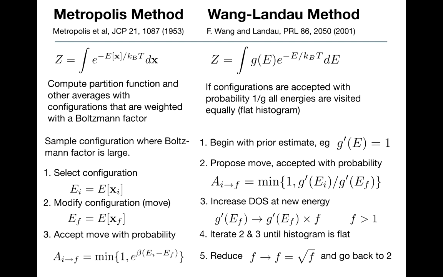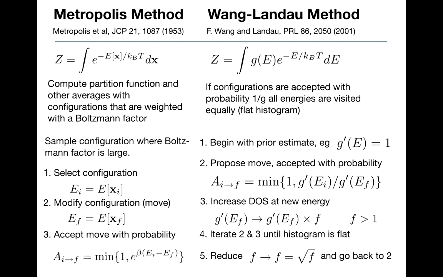We start out by some estimate of g(E), and for lack of better knowledge, we just set it to be constant. We propose moves, that is, we randomly pick a new configuration and calculate its energy and accept the move based on the ratio of the densities of states on the initial and the proposed position.